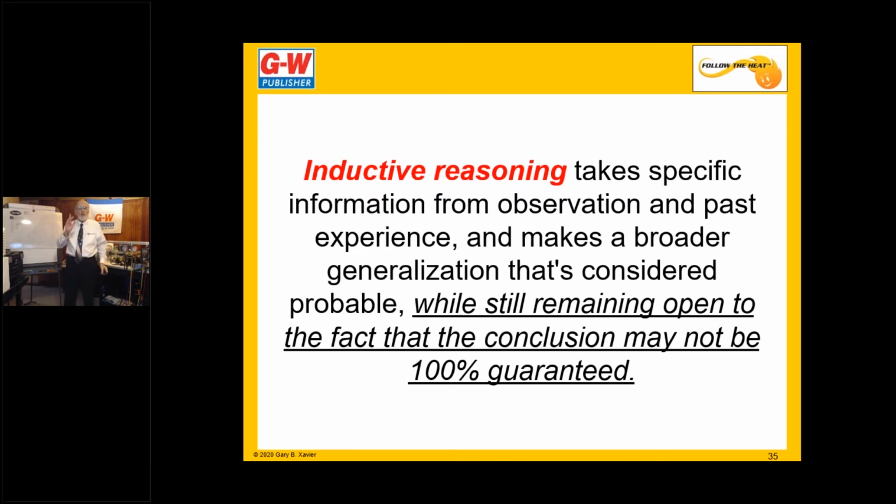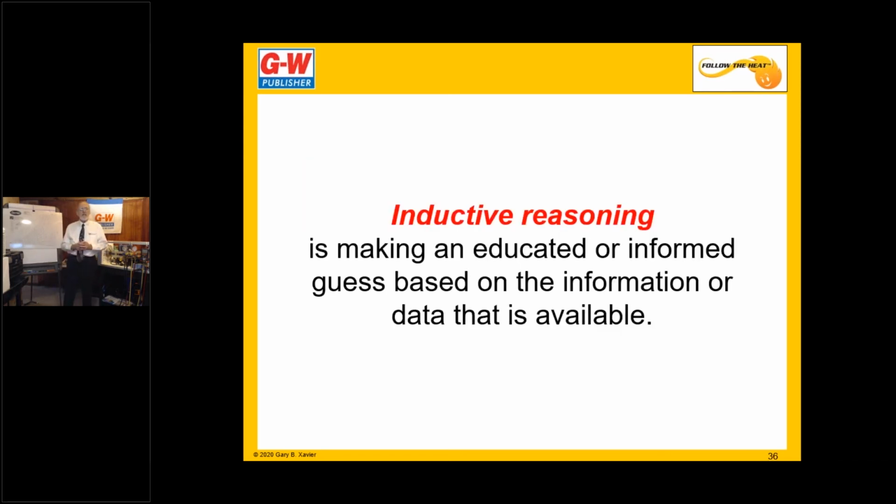So I'm going to repeat that underlined part: while still remaining open to the fact that the conclusion may not be 100% guaranteed. That's inductive reasoning. Inductive reasoning is making an educated or informed guess based on the information or data that's available. Observation and experience. Inductive reasoning.